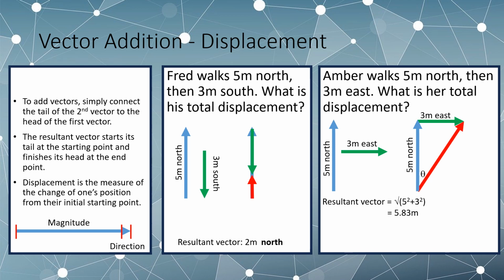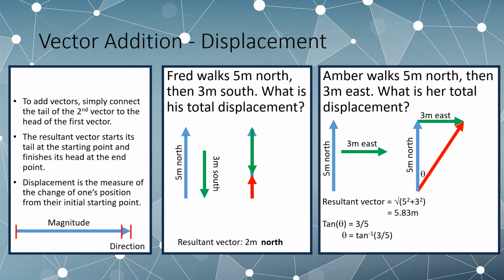So in this case, from where our angle is, that is the angle of our resultant vector within the triangle, we have our opposite side and our adjacent side, which means, thinking back to SOH CAH TOA, we're going to use tan. So tan of our angle is equal to 3 over 5, which means tan to the negative 1 of 3 over 5 will equal our angle.